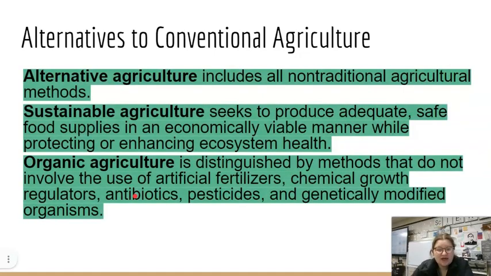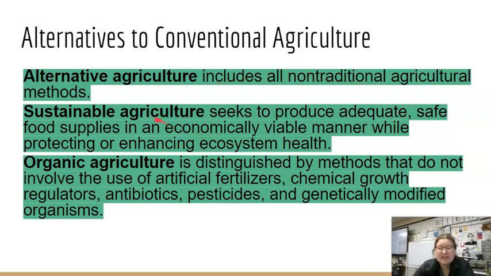All right, so to define the few different things we're going over today, alternative agriculture includes all non-traditional agricultural methods. For traditional, we are talking about the conventional monoculture with a lot of machinery that we typically see. Sustainable agriculture seeks to produce adequate, safe food supplies in an economically viable manner while protecting or enhancing ecosystem health.